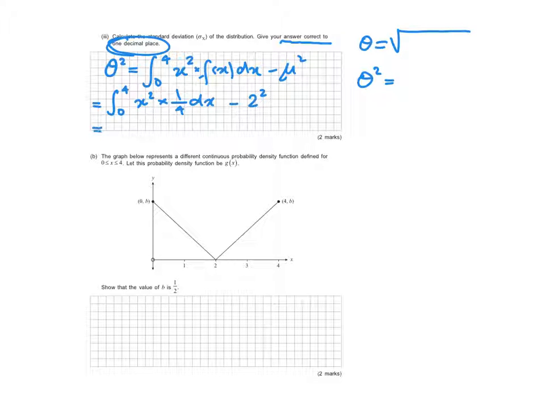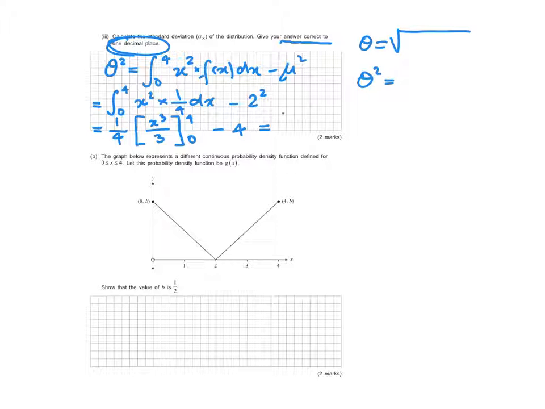We can take 1/4 in front as before and find the antiderivative of x to the power of 2, which is x to the power of 3 over 3, between 0 and 4, and take away 4.